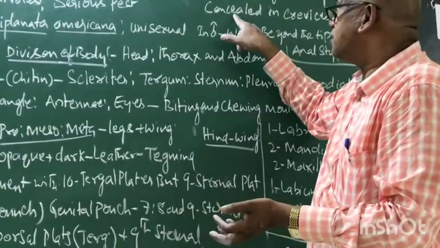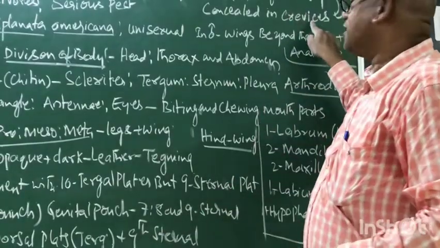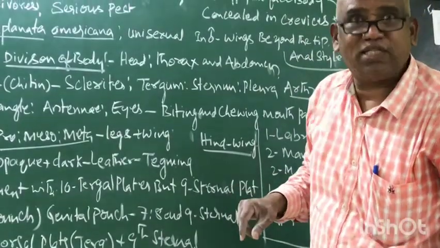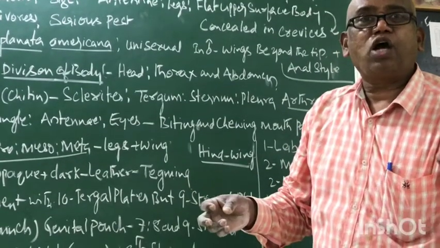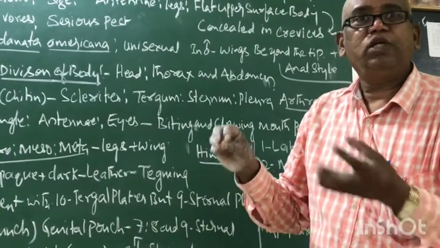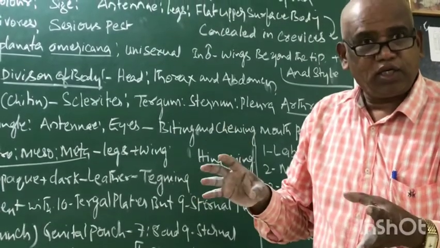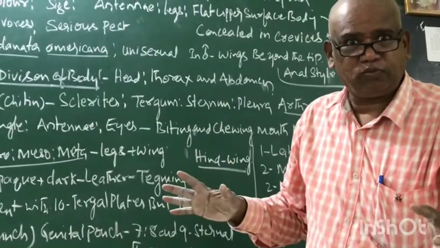Hidden means concealed in crevices, that is, breaks. Right. The cockroach has a worldwide distribution, but it is found in wet kitchen places where the food is plenty. Right.